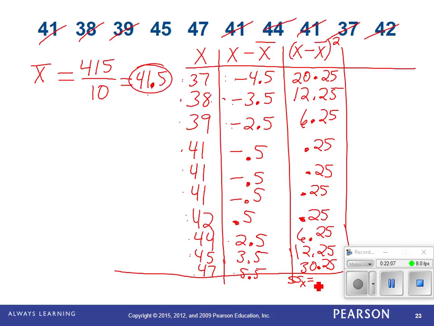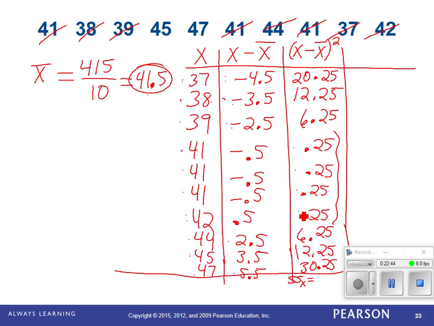We're just going to add that whole column up. So we add up 20.25 plus 12.25 plus 6.25 plus, and what I'll do with those, I know 0.25, 0.25, 0.25, 0.25, those four together make one whole, so I'm just going to put plus 1, plus 6.25 again, plus 12.25, plus 30.25.